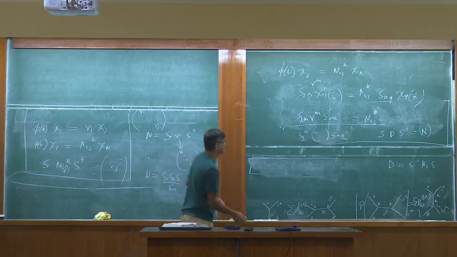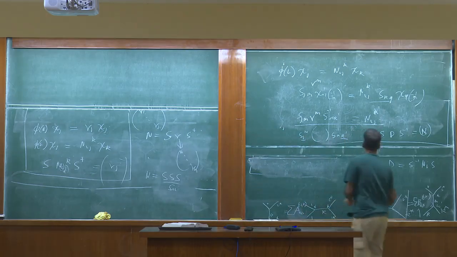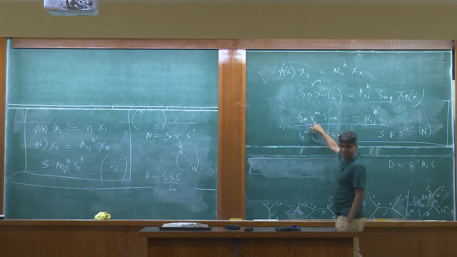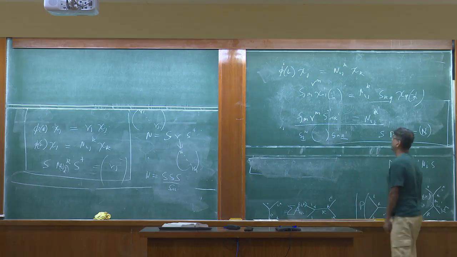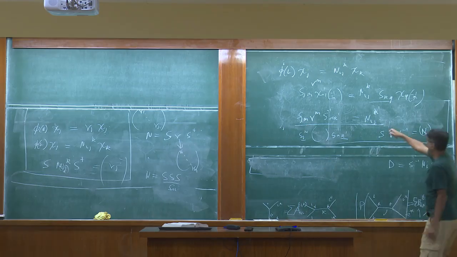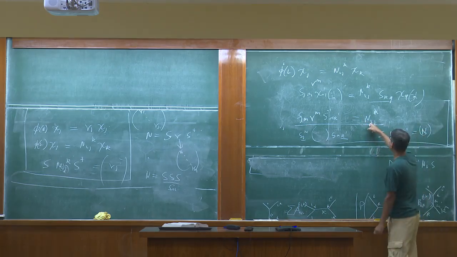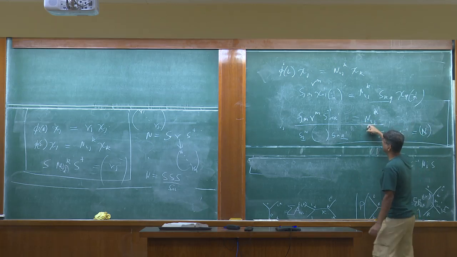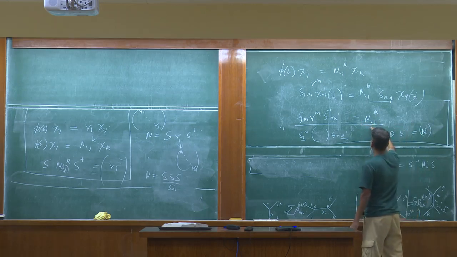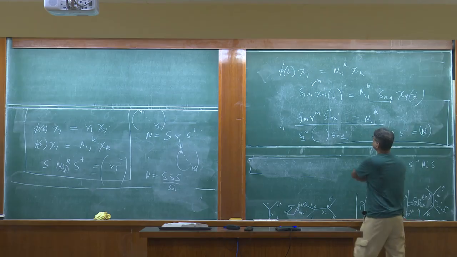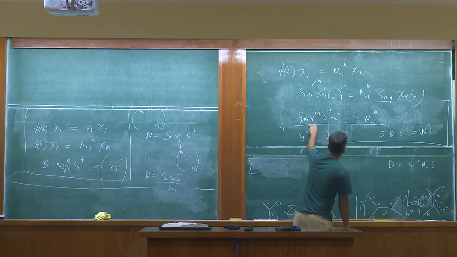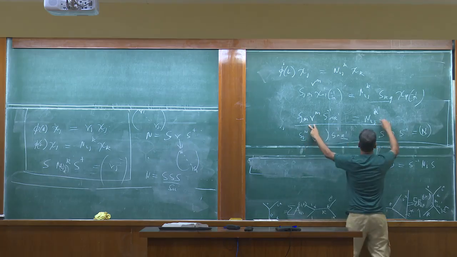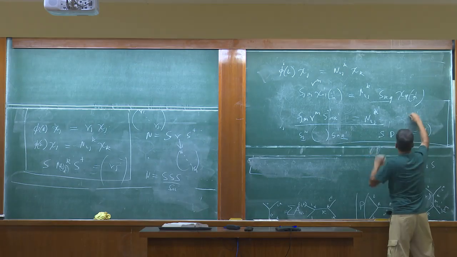Now that we've got these equations on the board, let's take the equation that we have for n, and let's set, for instance, j equals 0.